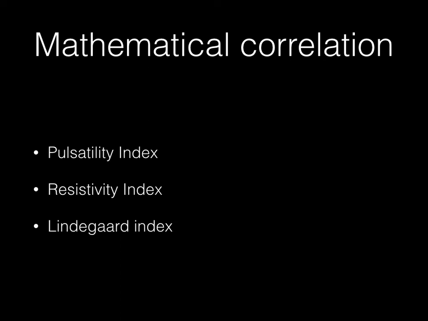Those who read and revert back through my website piyushmalik.com, let me know, at least if there are a few people, we can do how to do all these things: pulsatility index, resistive index, and Lindegaard index. I hope you have gone through that ocular ultrasound.